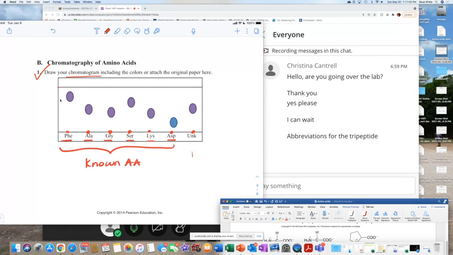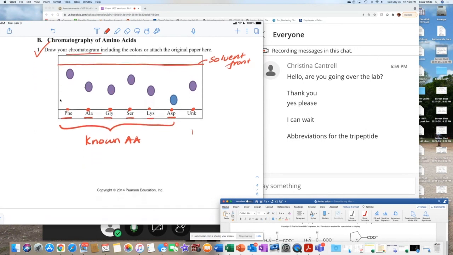So here, this is the solvent front. Okay, this is the solvent front. That shows you how far up the paper the solvent has traveled. As the solvent is traveling, it's pulling each of these chemicals. Okay, and the idea is the solvent will have a nature.